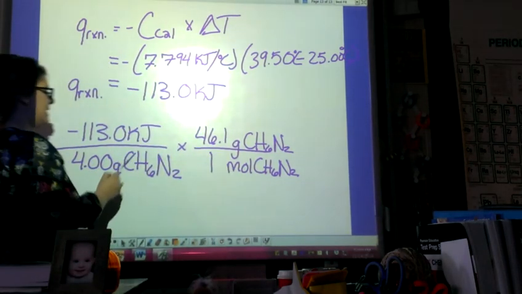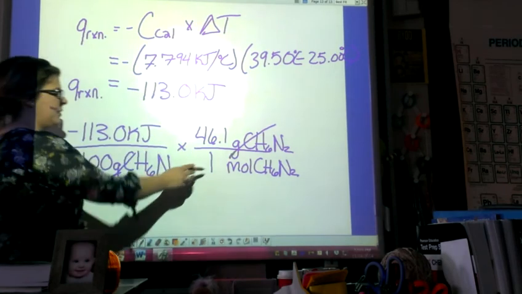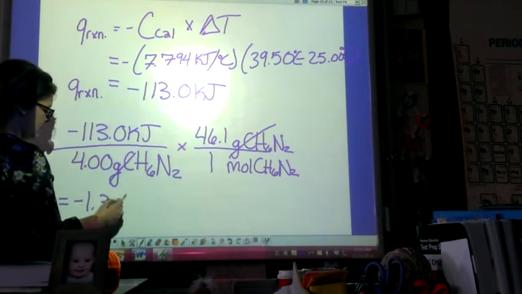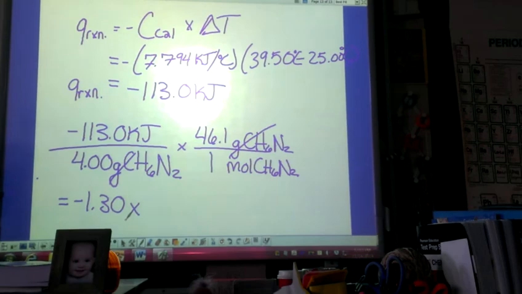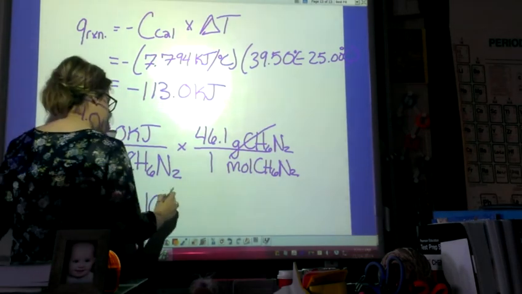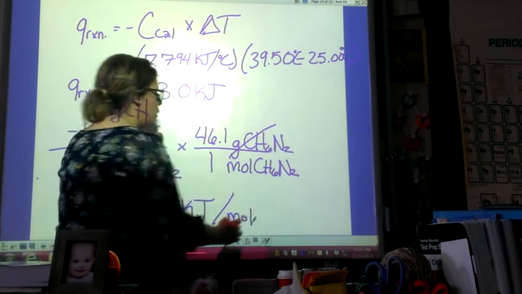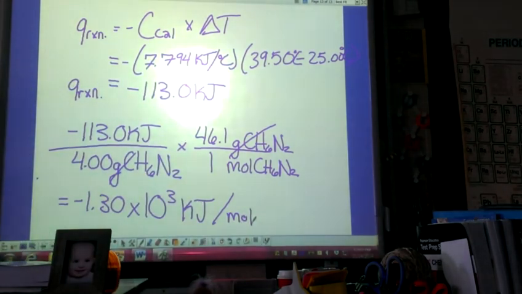My grams would then cancel. I'd be left with how much energy it would be in 1 mole. So if we do that, we should get a negative 1.30 times 10 to the 3rd kilojoules, and that will be per mole. And it's just per 1 mole of that methylhydrazine, okay?